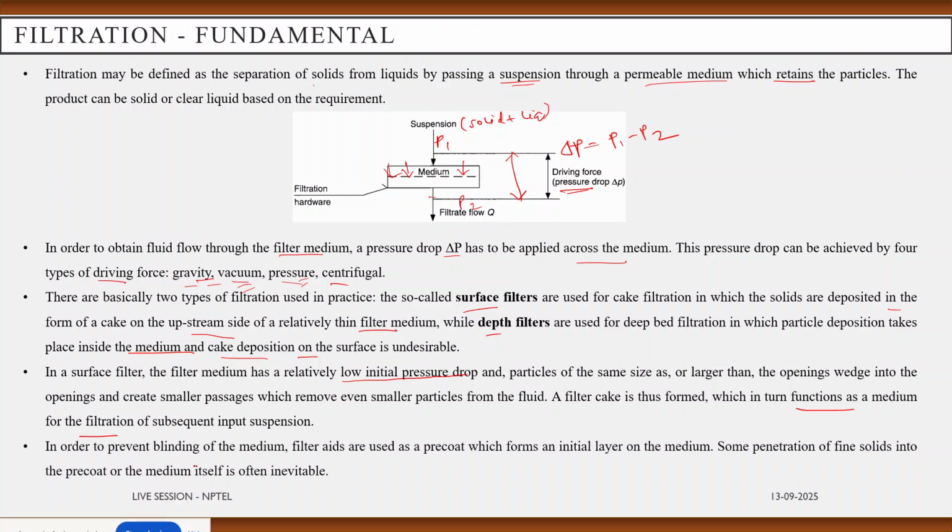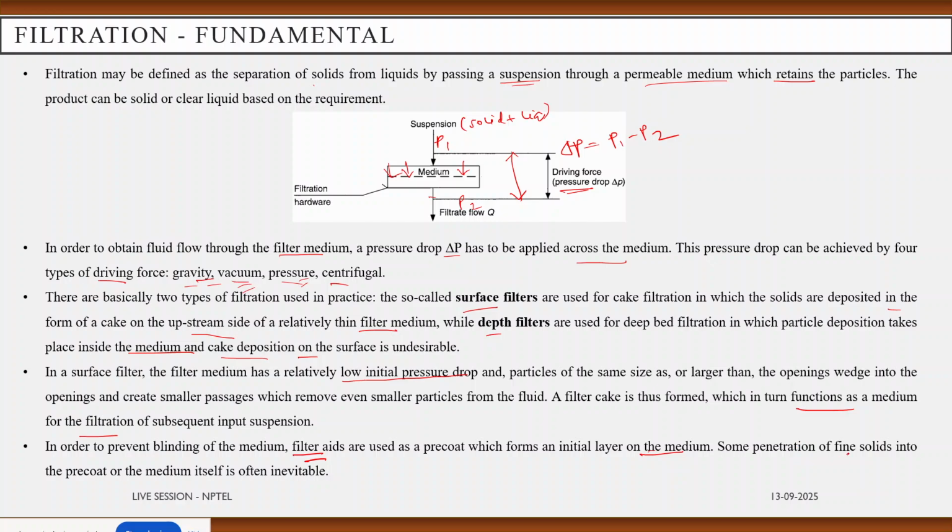Now, in order to prevent any kind of blinding of the filter medium, filter aids are very important to use as a pre-coat, which forms an initial layer on the medium. The filter aids have higher porosity in nature, so they give more space and thus prevent the blinding issue of the filter medium.